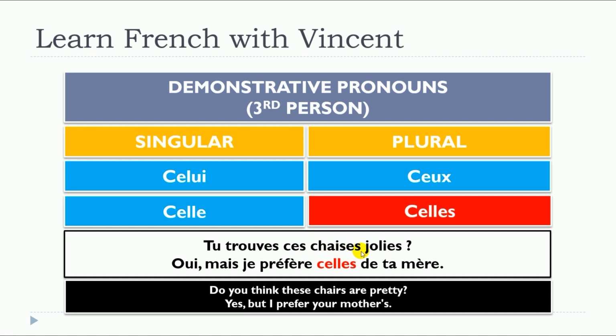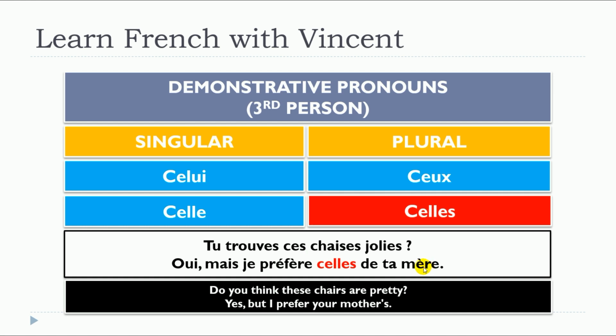It is in the plural form here, ces chaises jolies. So we'll have to go for the feminine plural demonstrative pronoun, celles here. We put it here, then we put the preposition de, and then ta mère. In that situation, we're not using the name of the person, but in that case, it could be ta mère, and it's working perfectly. Oui, mais je préfère celles de ta mère.